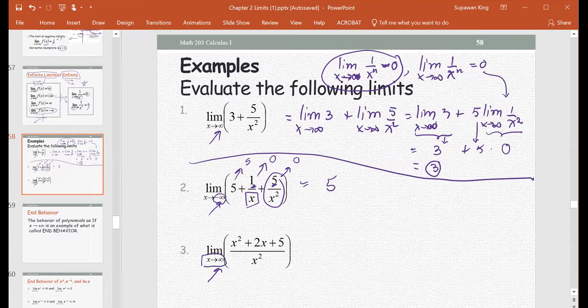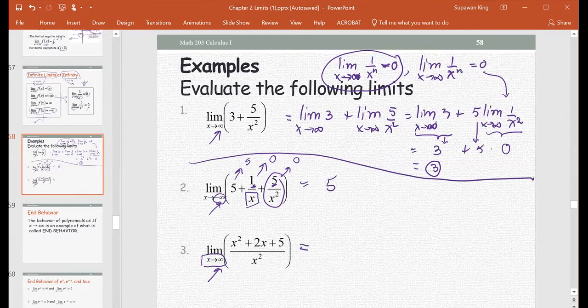So we're going to look at, in the long run, what happens to each term? Eventually, what happens to y value? As x approaches infinity or negative infinity, we use the same strategy as 1 and 2. 1 and 2 were very obvious because you have separate terms.